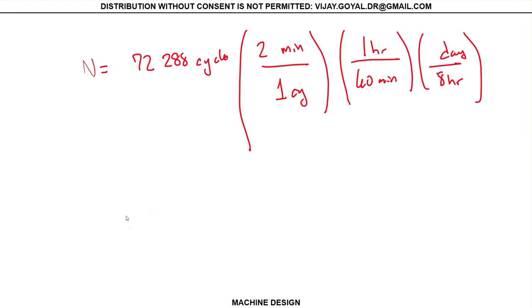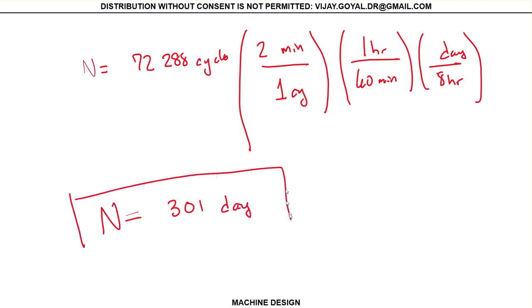It says the life of this particular structure is 301 days of life. So this structure roughly has 300 days of life. So if you're going to give a warranty, that's the warranty you want to give, or you want to start your inspection after 300 days. Okay, so this is how much life is actually left in your structure. This completes example number 1.